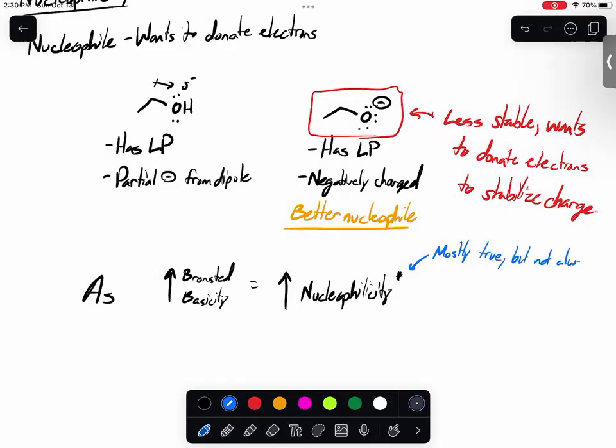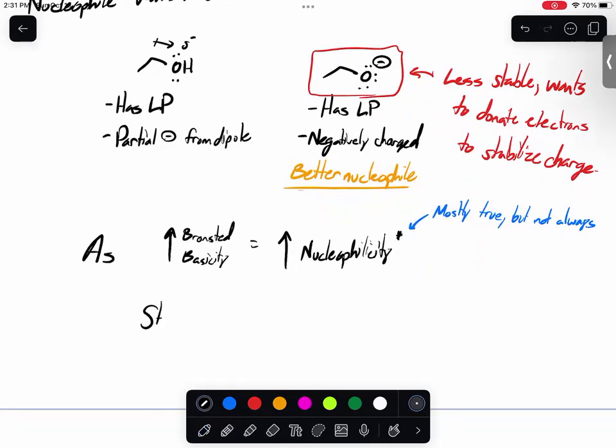But essentially, what we can do with this is use some of the knowledge that we have from beforehand, because we know that a stronger base is essentially also going to be known as a stronger nucleophile. Let's do some examples of this.